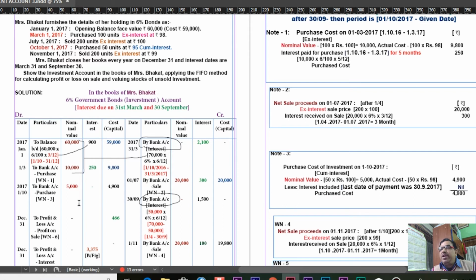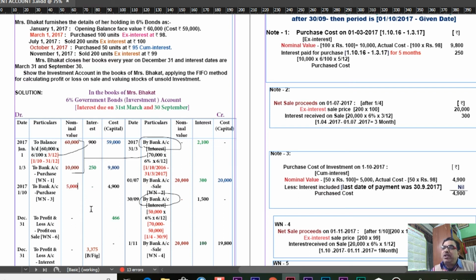How did you get this amount? Note number 3 is given here. You have to look at this note number 3. Nominal value 50 bonds. Only 50 bonds were there. Purchase 50 units. Therefore 50 into 100 rupees, that is 5,000.